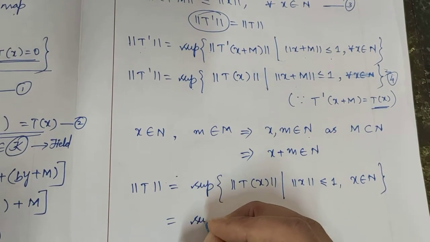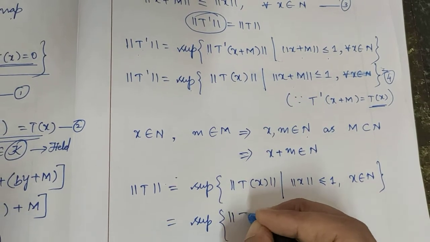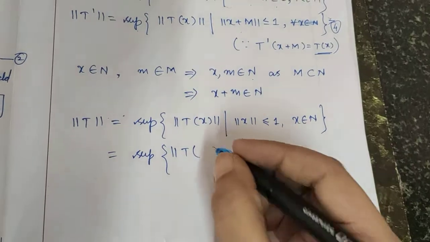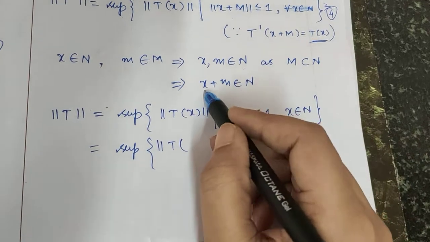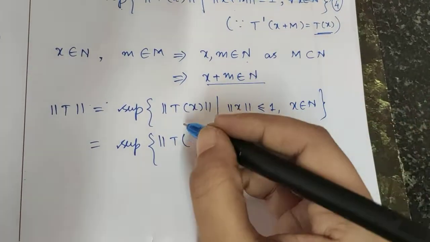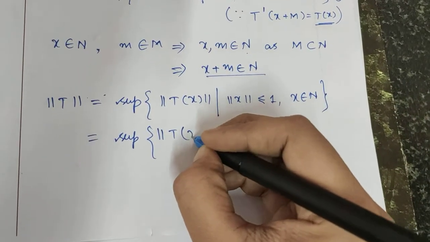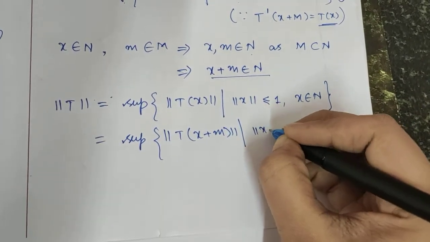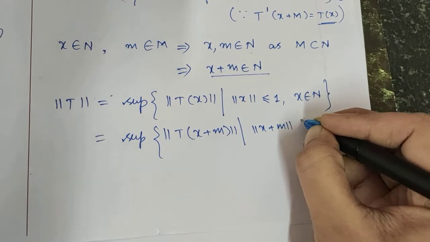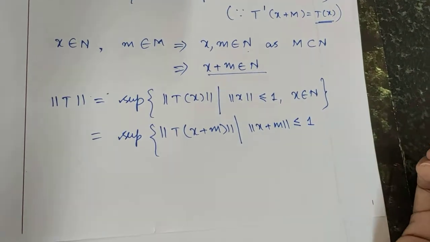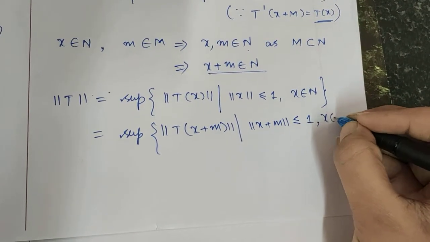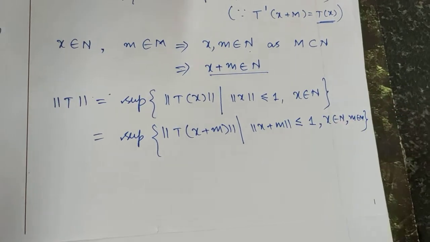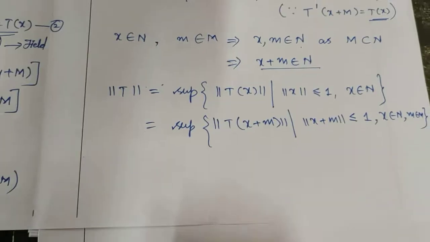From that we can write supremum of norm, so if you consider x plus m, since we know that x plus m also belongs to n, I can write this as norm T of x plus m such that norm x plus m is less than or equal to 1 and your x belongs to n, m belongs to null space m, right?